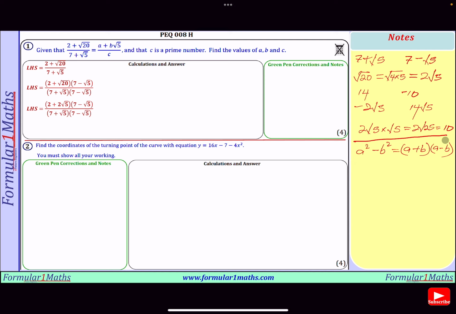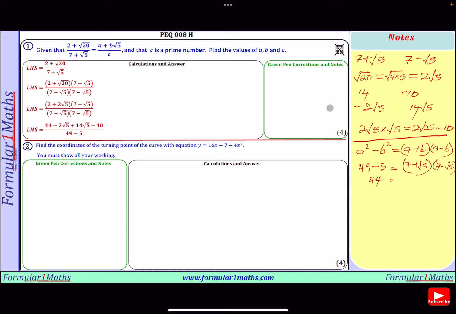So this is 7 plus root 5 times 7 minus root 5. And this will be equal to 7 squared, that's 49, minus root 5 squared, which is 5. And that will give 44. So we are going to get this here.